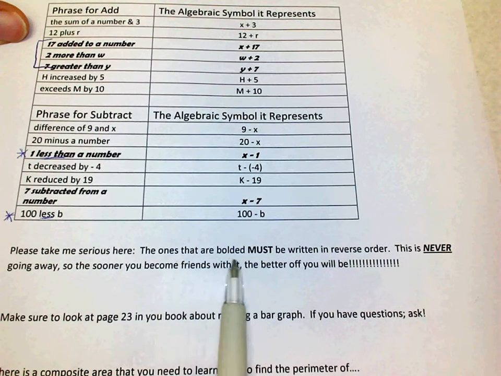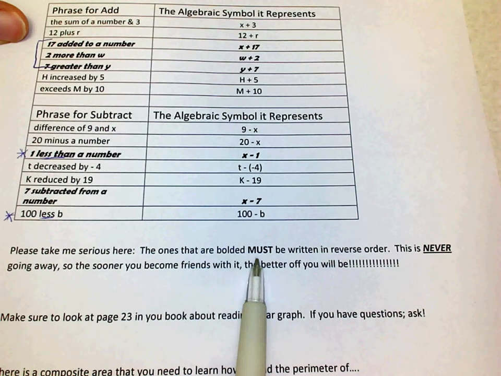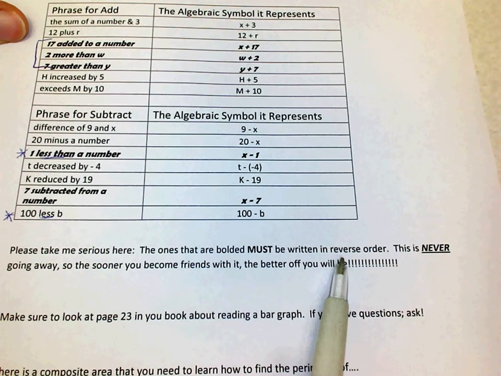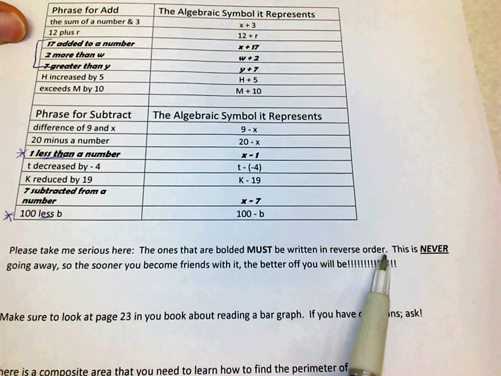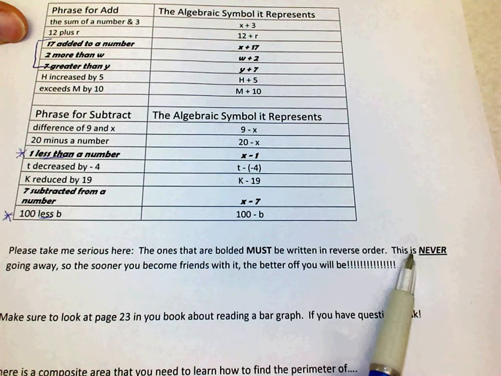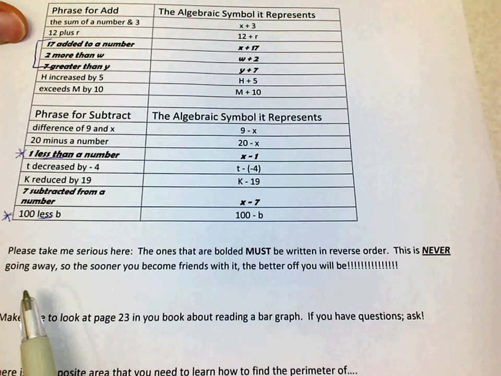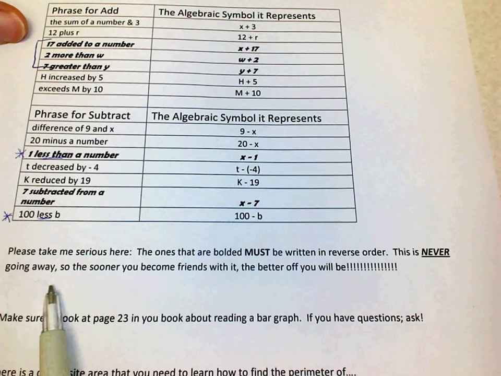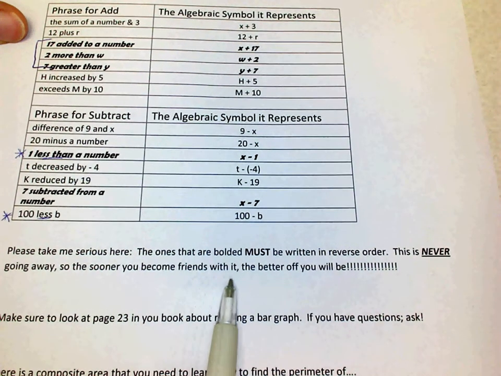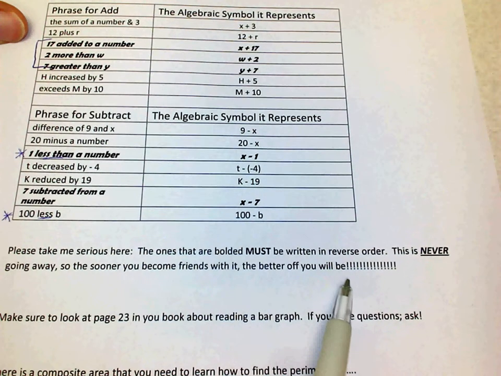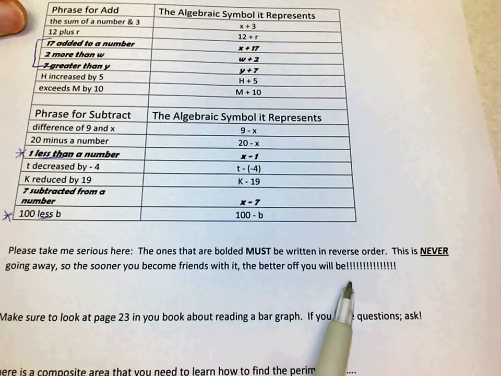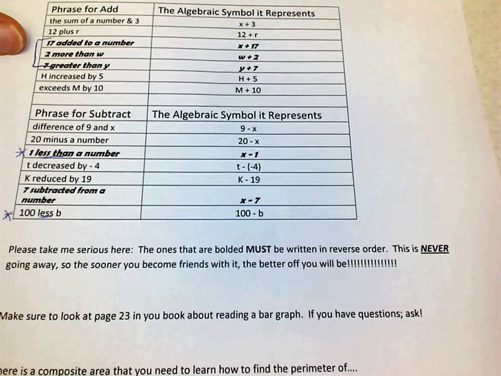The ones that are in bold absolutely must be written in reverse order. And this is never, ever, going away. So the sooner you become friends with it, the better off you're going to be, and the less frustrating math is going to make you.